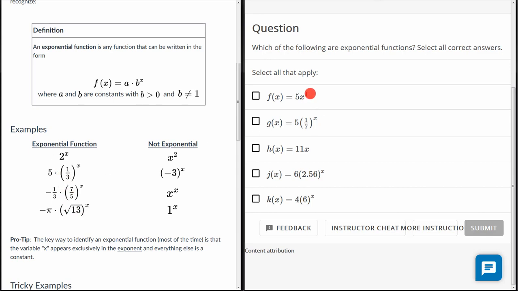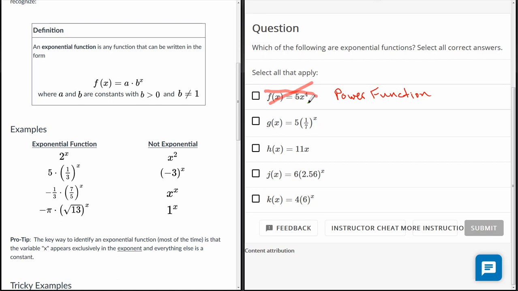Whereas in this one, the exponent is a constant and the x is in the base. So technically this is known as a power function, and a power function is not an exponential function. So we've got to cross that one out.